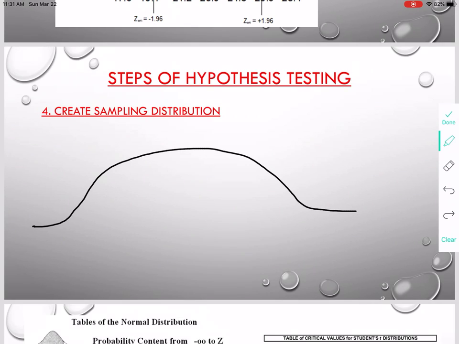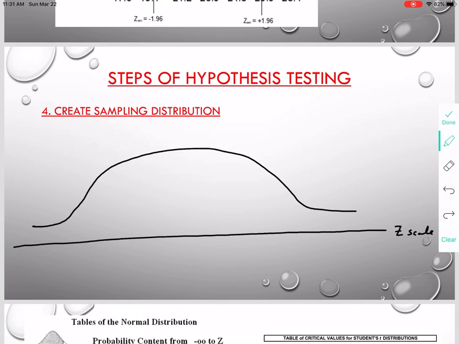Okay. The first thing that we would do if we were going to actually create this sampling distribution is we're going to add standardized scores. In the previous slide, and you can go back and forth and pause this if you'd like, if we were actually going to assign standardized values, typical standardized values include a z-scale.